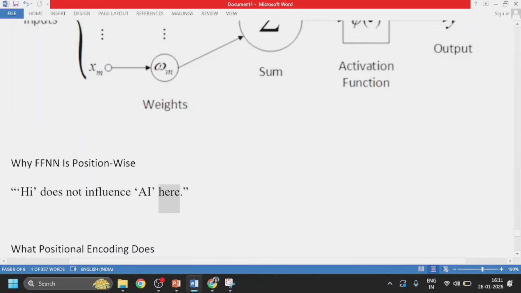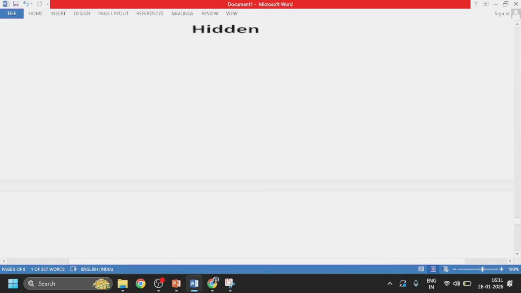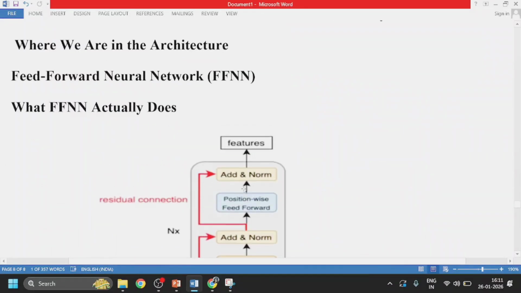That's why the feed forward neural network is position-wise, because "hi" does not influence "AI" here. So we need to add position here, position-wise.